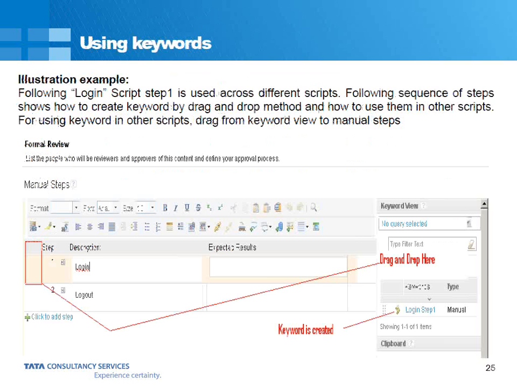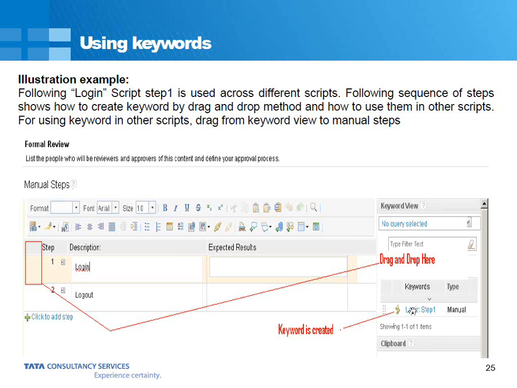Moving to the next slide. This is just a small example of how we can use the keyword feature. Whenever you create a test script, these are the two steps, and if you want to use these two steps in other test steps multiple times, then just drag and drop on the right hand side, and you can create the name, basically give the label.